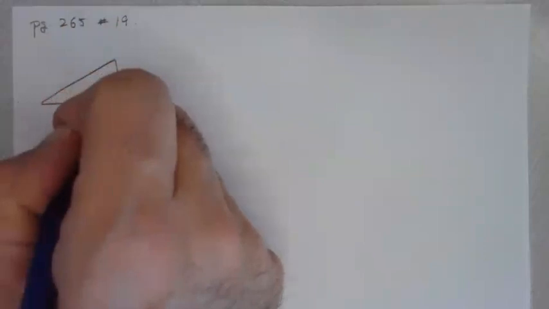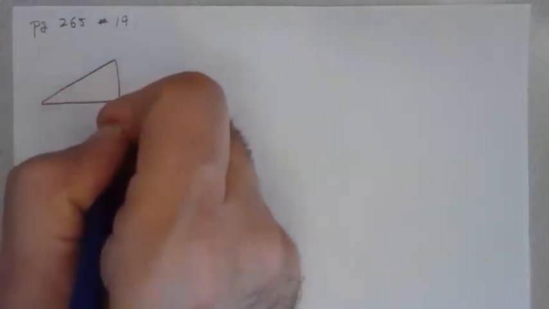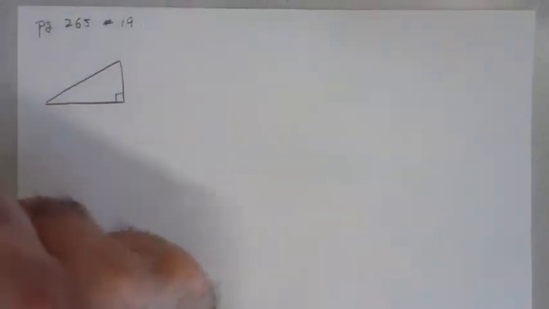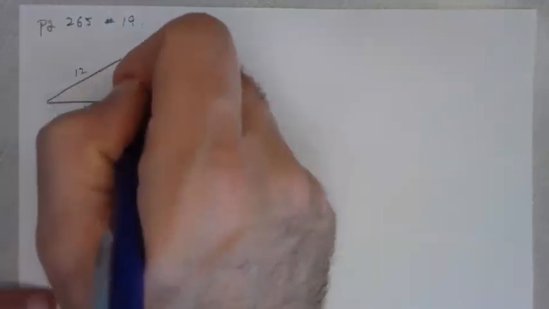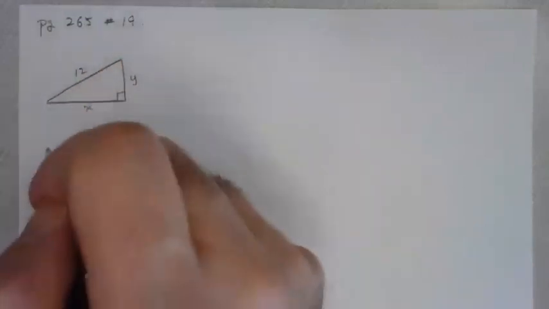Okay, so what they're giving us here is a right angle triangle. So again, obviously them drawing the diagram for us simplifies our life a little. So the hypotenuse is 12, and they call the other two sides x and y, which of course we would need since we're looking for the perimeter, but they want us to measure the angle.